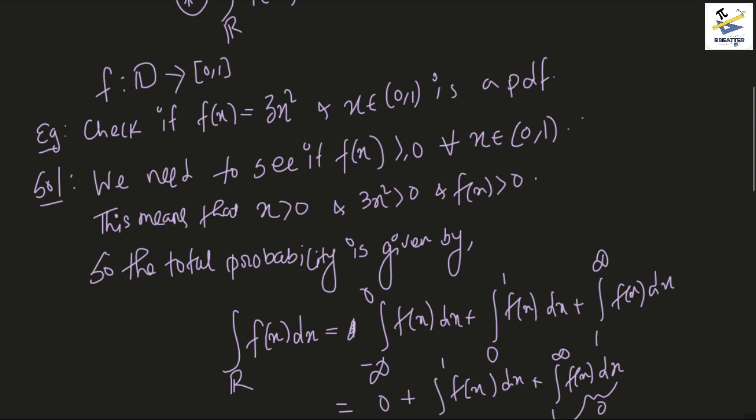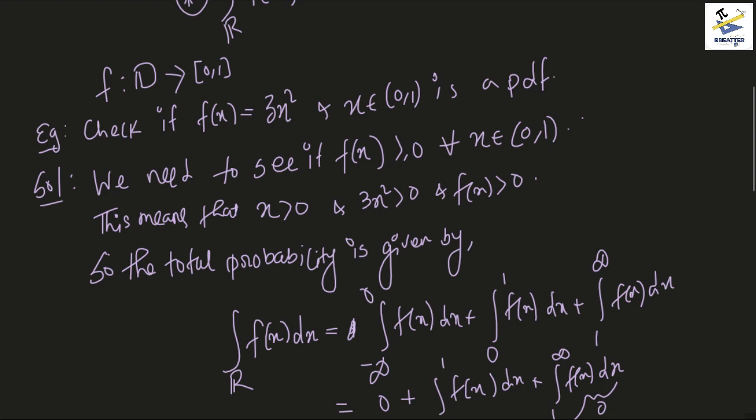And since the first part and the third integral are both 0, because f of x is identically 0 there, there is no point in integrating 0 over any interval because it is always 0.